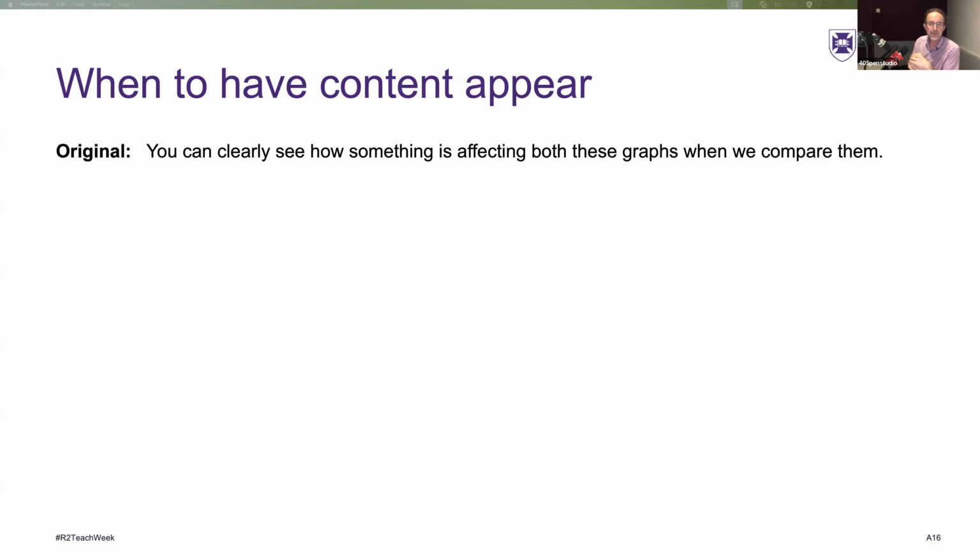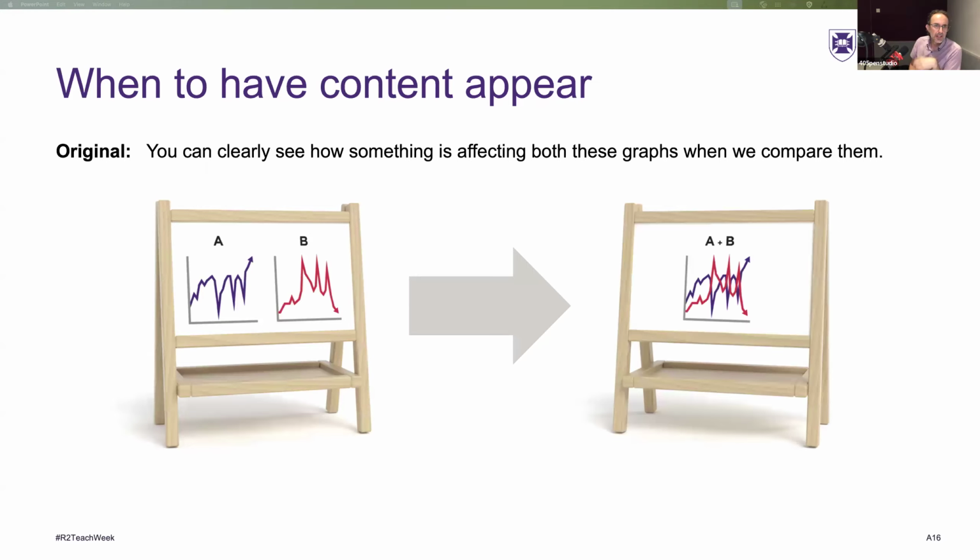So, for example, if you were creating a slide and you were saying, you can clearly see how something is affecting both these graphs when we compare them. So you've got these two images popping up when you're speaking that sentence. Some people might be inclined to have that first image pop up right at the start, which you probably would, but then they might not have the comparison popping up until really late at the end of the sentence, meaning that you might then skip to the next slide and there's not enough time for people to digest.